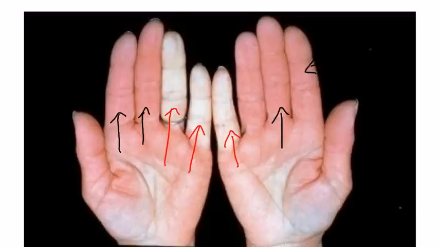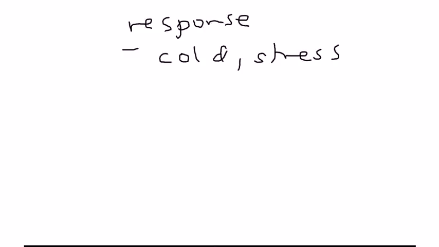That would show more of a purplish color. But that's a classic photo of someone with Raynaud's syndrome. This occurs usually in susceptible individuals. Cold or stress can lead to this type of presentation.